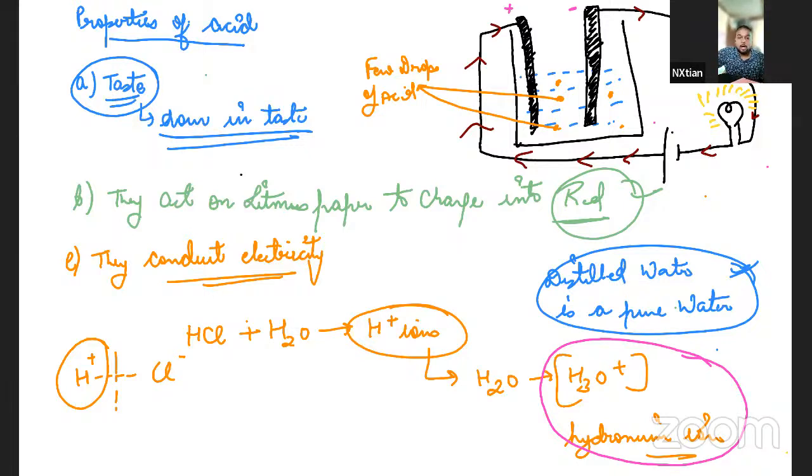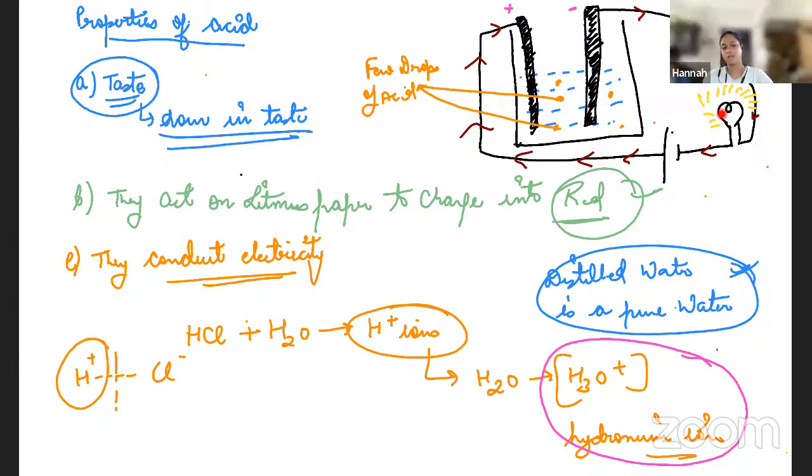This is how acid conducts: a few drops of acid make H3O+ ions, which act as a bridge in the water so that the electric current can flow and the bulb can glow.